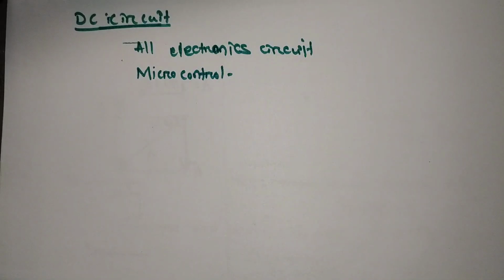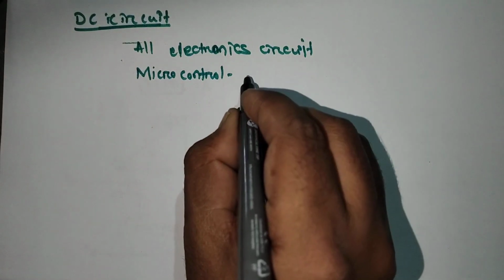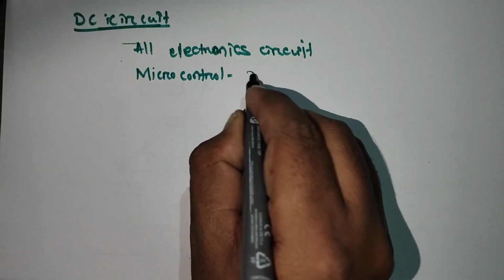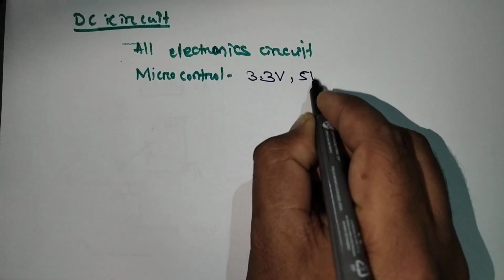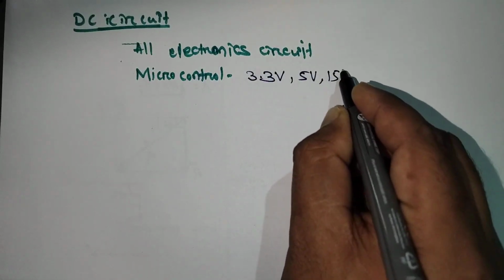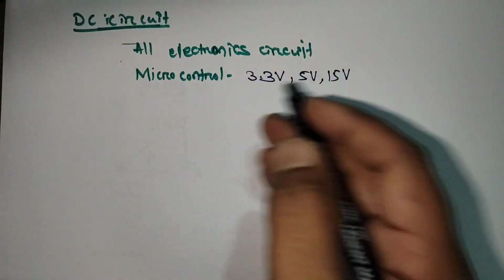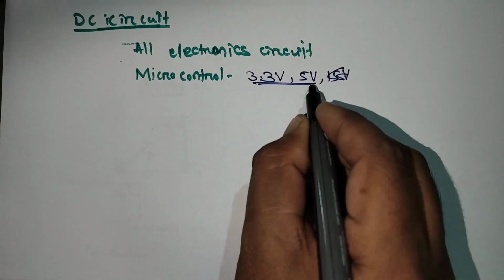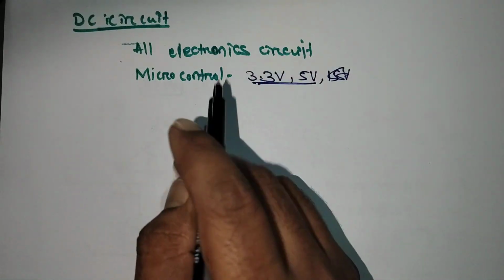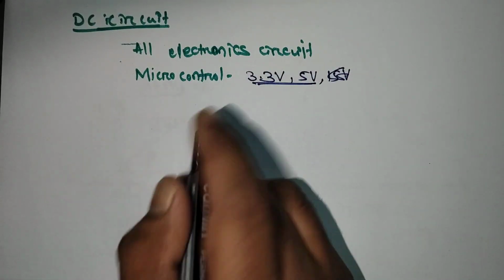In a microcontroller, we almost always use some DC voltage or power supply, 3.3 volt and 5 volt, and so on. Not 15 volt, we are just using 3.3 to 5 volt maximum. All are DC.